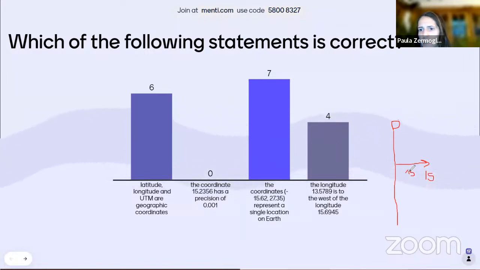We're moving east when we move to the right. So here we're going to the east in longitude, and so 13 is to the west of 15. It's moving to the other side. That's why this statement is correct.